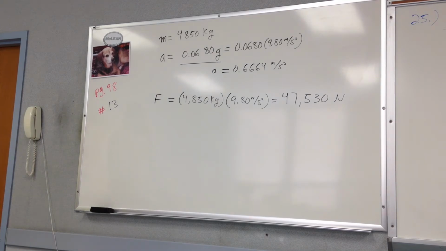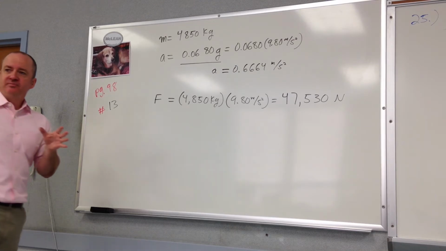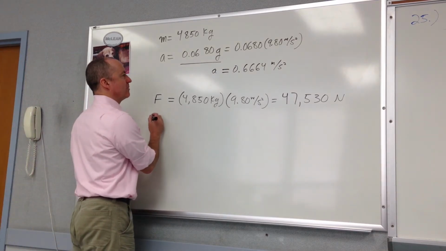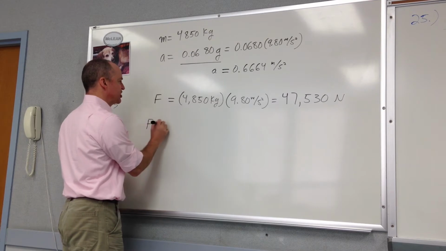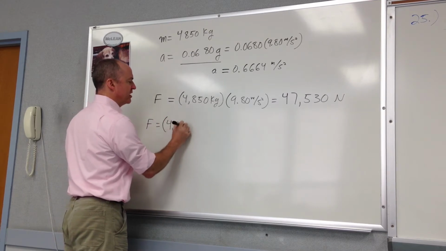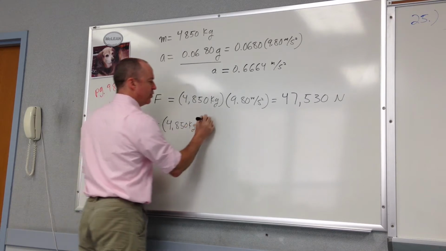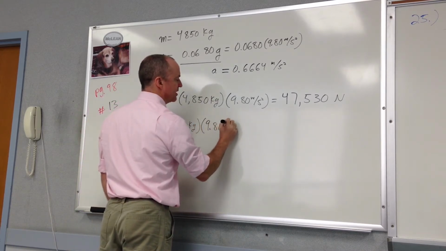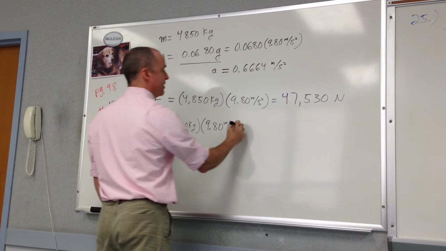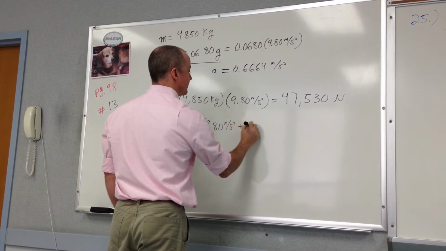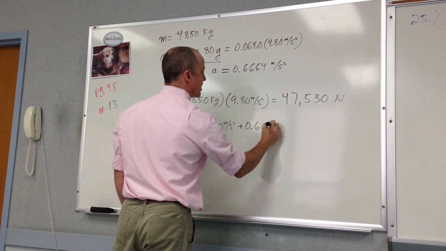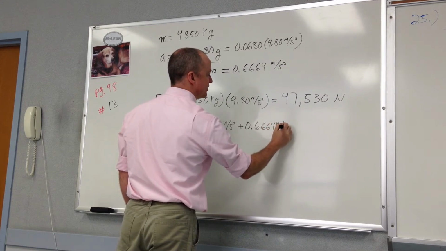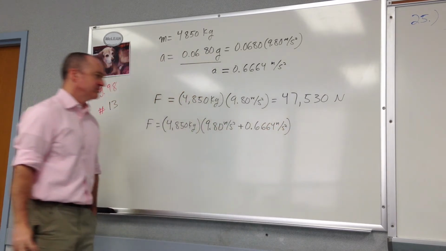Does that make sense? Yeah. That's a minimum force this thing should be able to handle. That's just to hang there. And an elevator that just hangs there is of seriously limited use. Now, let's say in addition to overcoming gravity, we would also like this elevator to go up an additional 0.6664 meters per second squared.